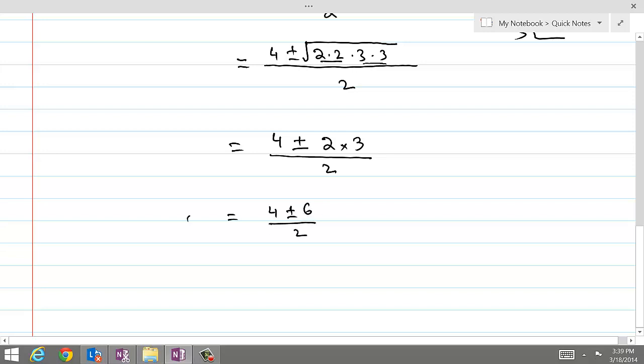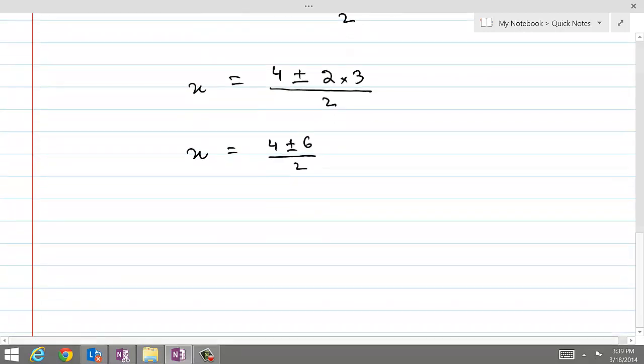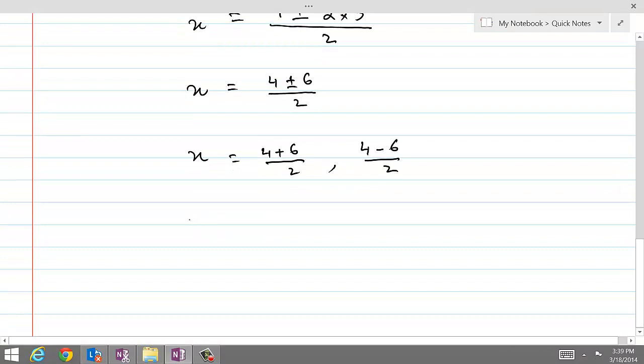This means that one time x is equal to 4 plus 6 over 2, and the other time 4 minus 6 over 2. So we are going to take both of these values into consideration. 4 plus 6 is 10 over 2, and this is minus 2 over 2.